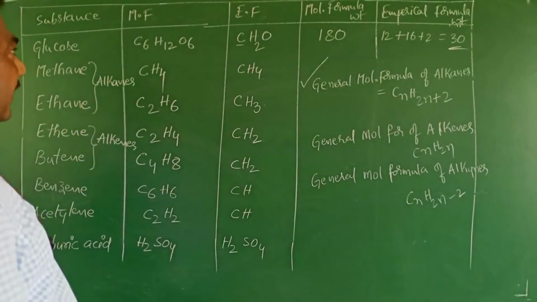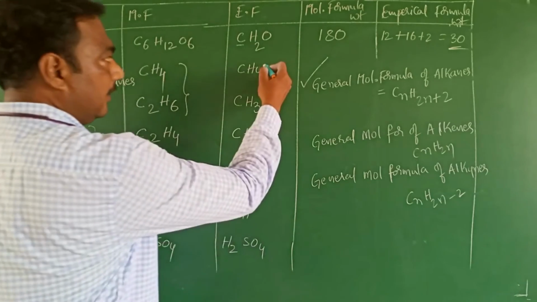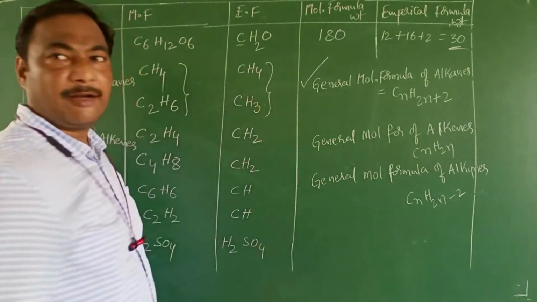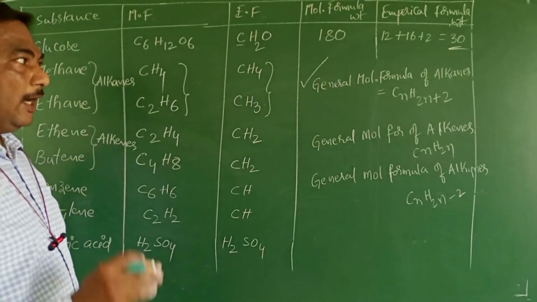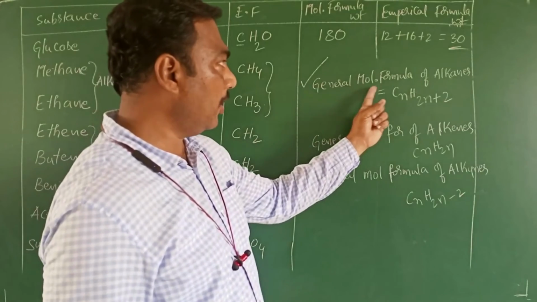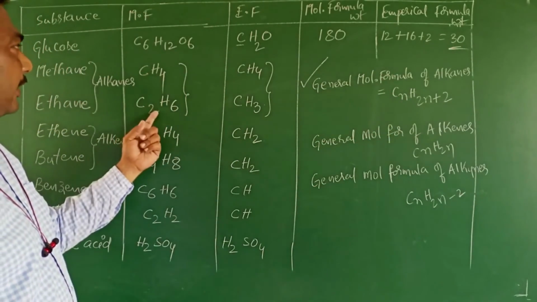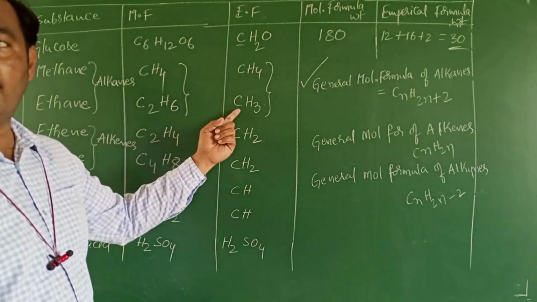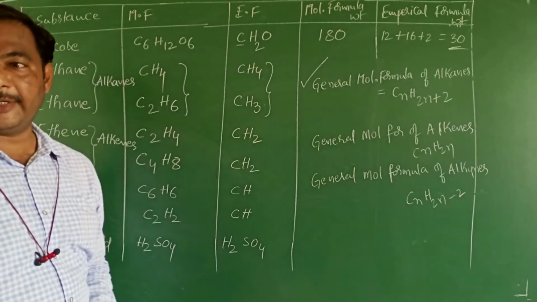But they differ in molecular formula and they differ in empirical formula. Once again, all alkanes will have the same general molecular formula, but they differ in molecular formula and empirical formula. Right? This is the first statement.